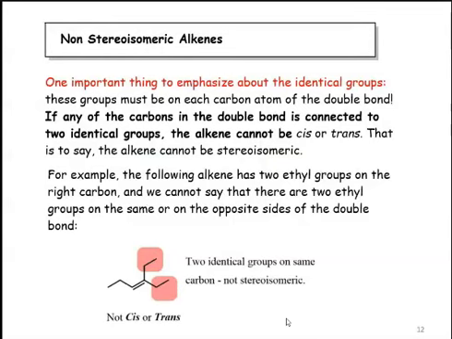Now, what about non-stereoisomeric alkenes? In order to understand that, let us first see what these non-stereoisomeric alkenes are. When we talk about these non-stereoisomeric alkenes, one important thing to emphasize here is the identical groups.